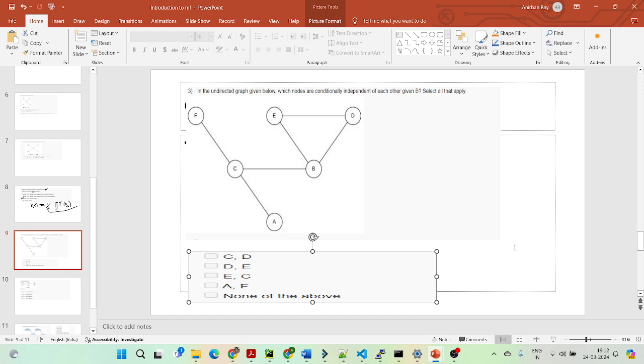So in undirected graphs, what happens is that if the middle one is known, then you cannot reach the other node through it, because there is no dependence there. So as you can see, C and D are separated by B, and also E and C here.